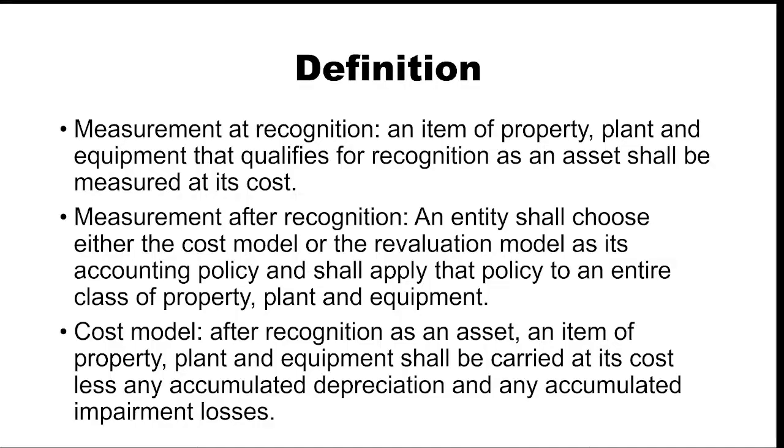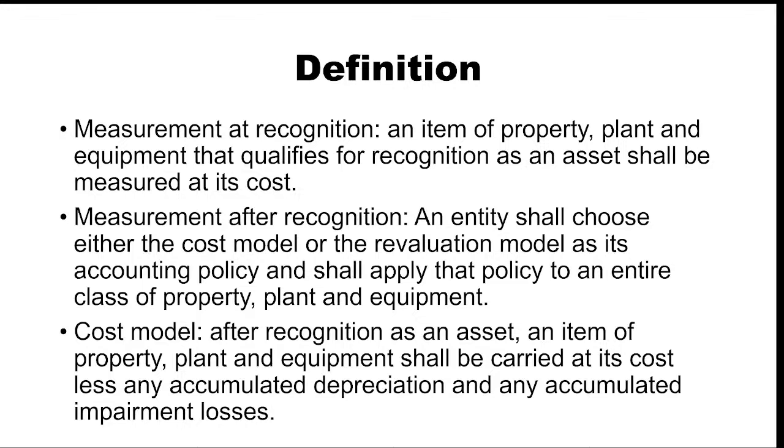It has to be measured at its cost. Then you have the measurement after recognition. An entity shall choose either the cost model or the revaluation model as its accounting policy and shall apply that policy to an entire class of property, plant and equipment.